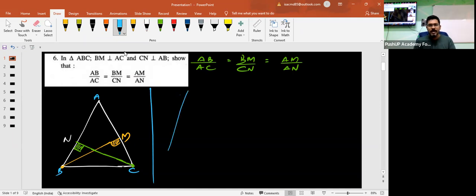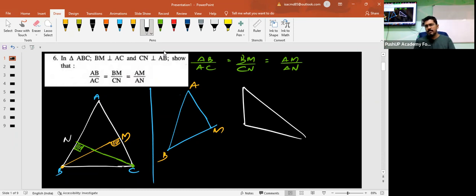This is your triangle ABM. This is A, this is B, and this is M. Then the second triangle is ACN.